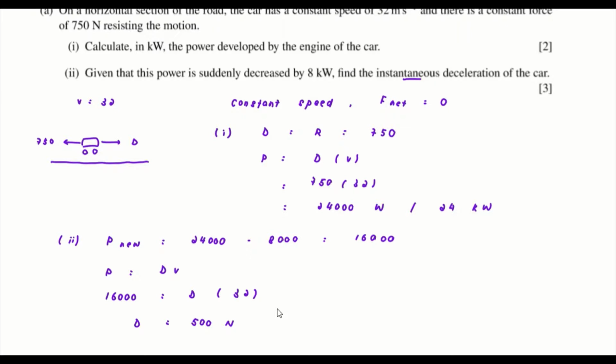I hope that you do not get the idea that when the power suddenly decreases, it means that the speed decreases. Because this happens at that instant. How do you drive a car at 32 meters per second, then even if you try to put a braking force, it's still going to take a certain time interval. So in this case, the change is actually in the driving force.